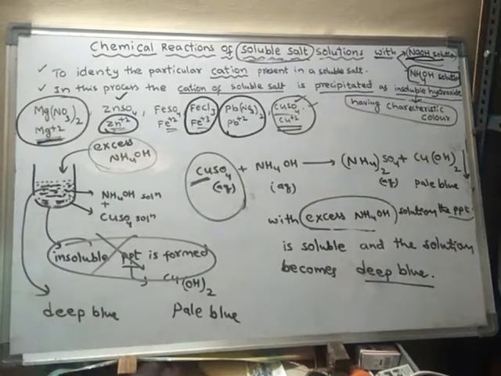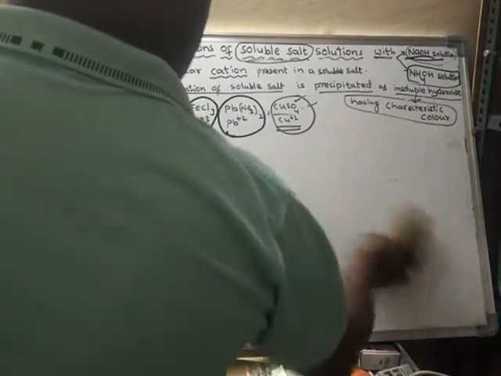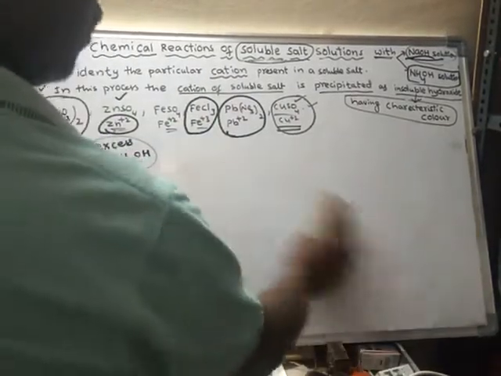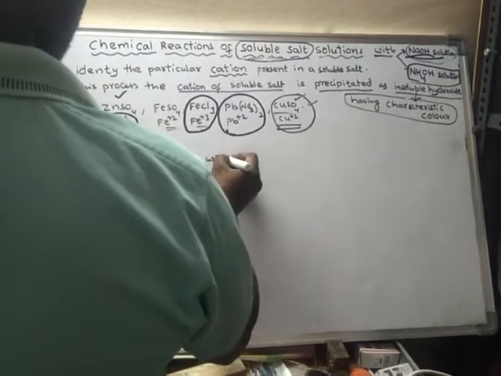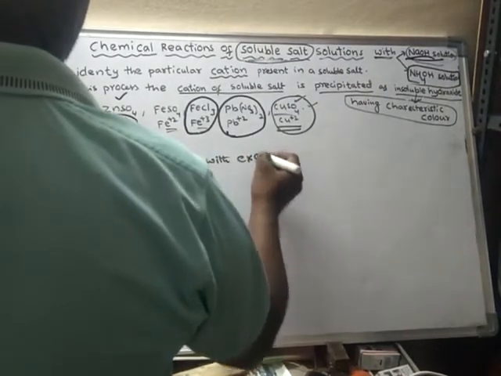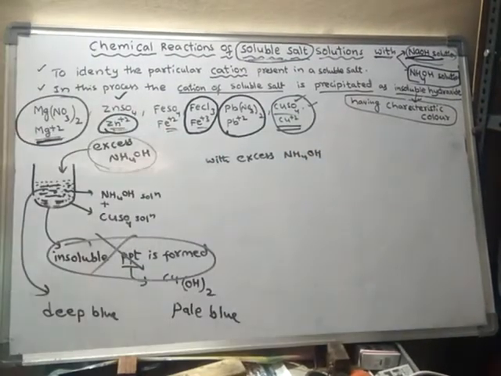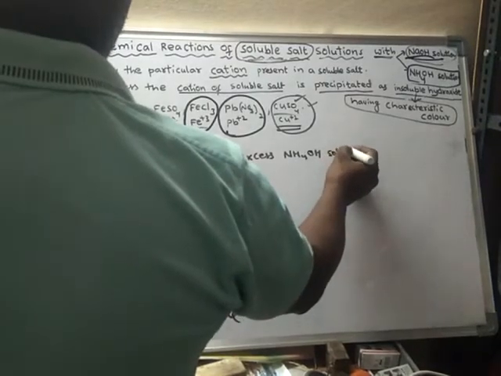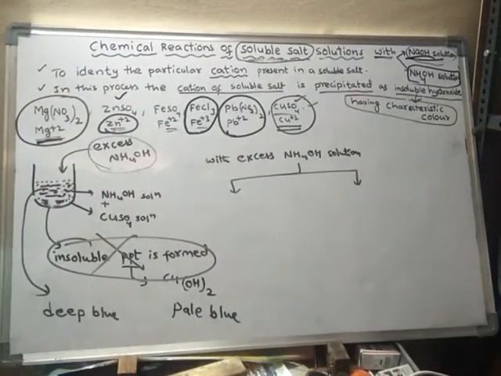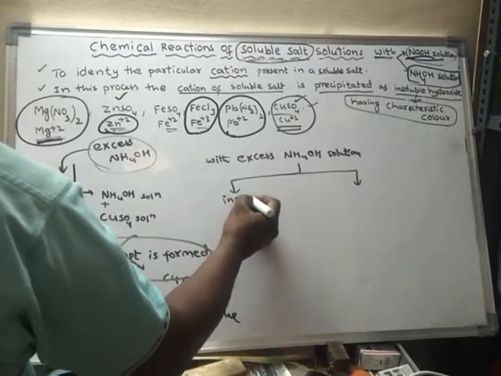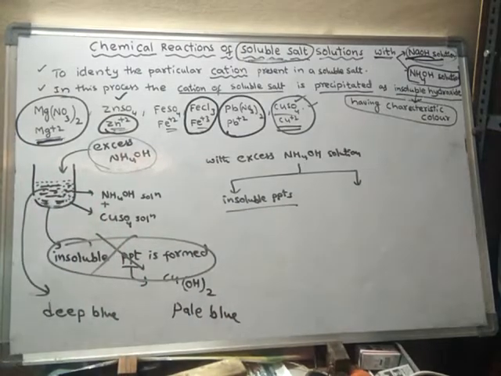Look here: when excess ammonium hydroxide solution is used, which precipitates are soluble and which are insoluble?